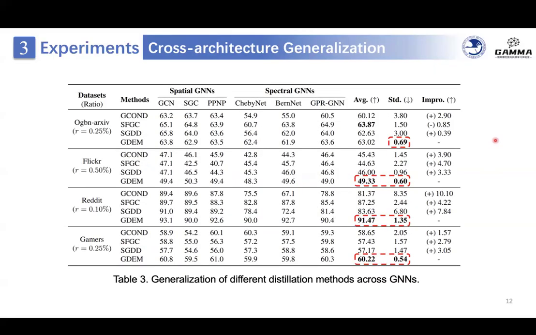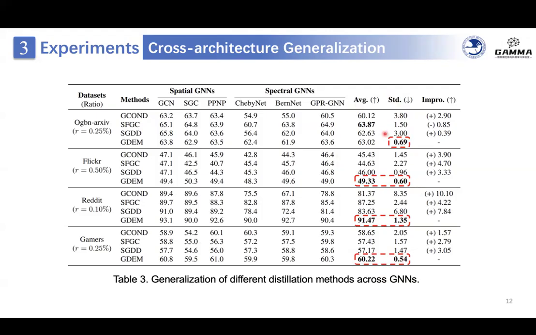And then we evaluate the generalization ability of synthetic graphs distilled by different methods on four data sets. Specifically, each synthetic graph is evaluated on these six evaluation models, and the average accuracy and the variance are reported in the table.